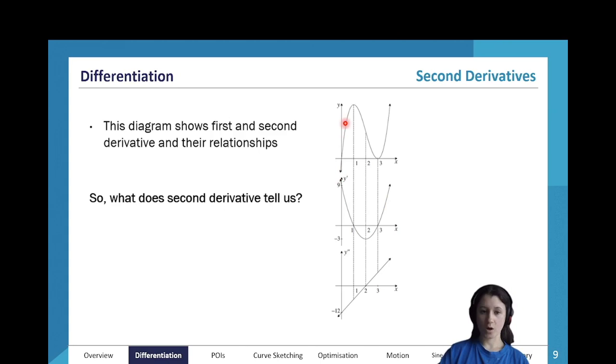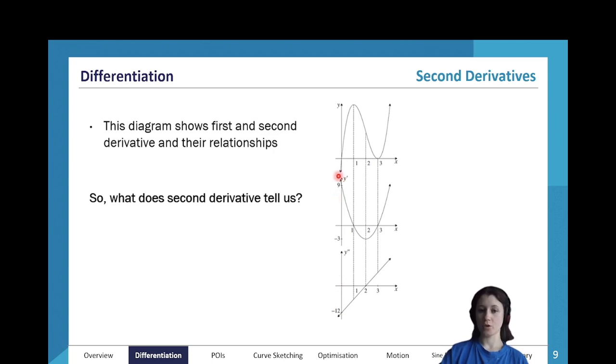Whether our curve's gradient is increasing or decreasing is modeled by this curve, but the rate of change at which that gradient is increasing or decreasing is modeled by this curve.